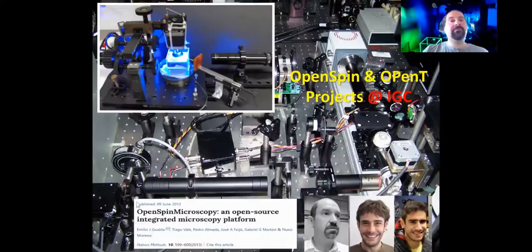Now, as most of you probably know, there was another project going on at the same time called OpenSPIM. We just found out as we were working on this that they were also working on the same project and even had the same name for the technology.